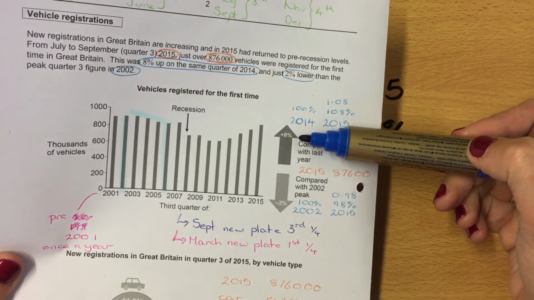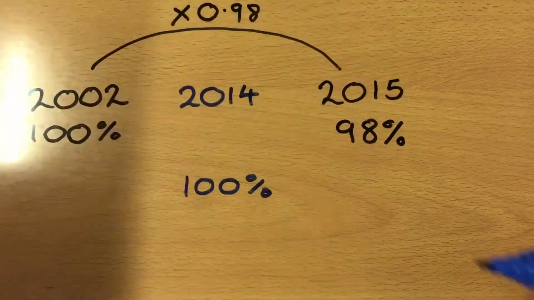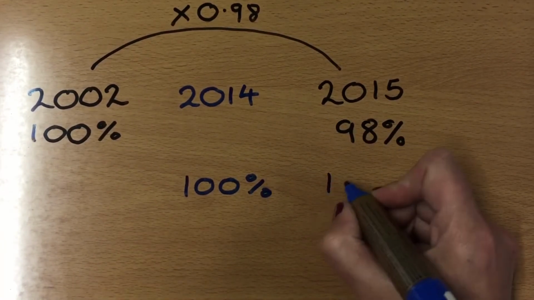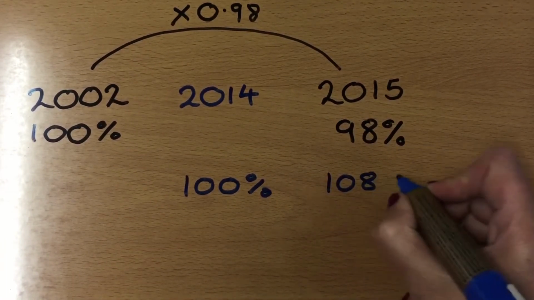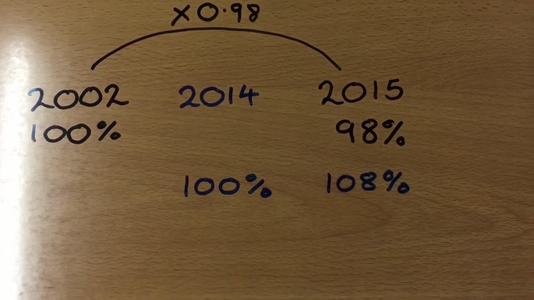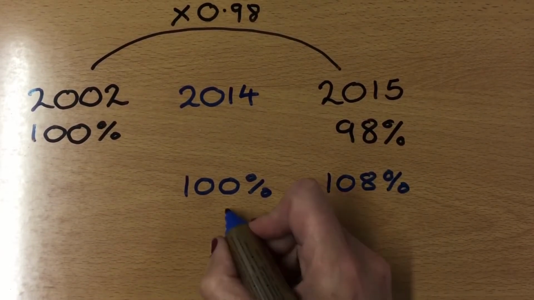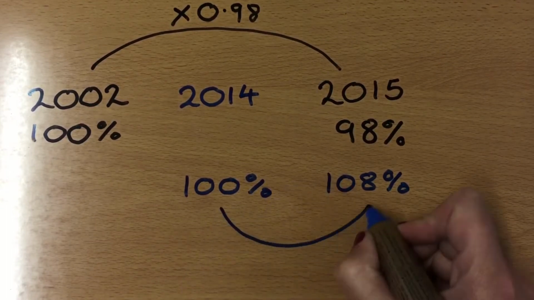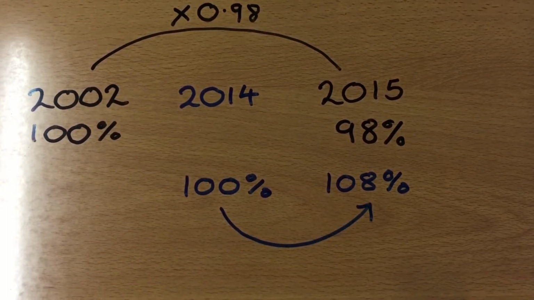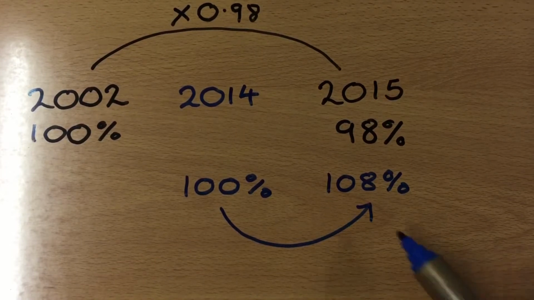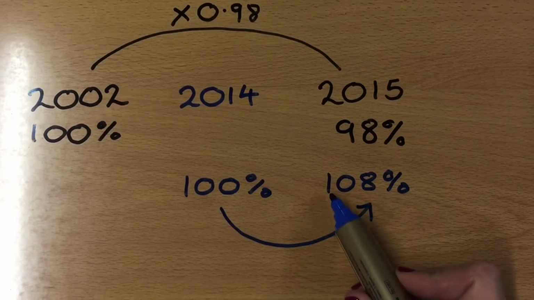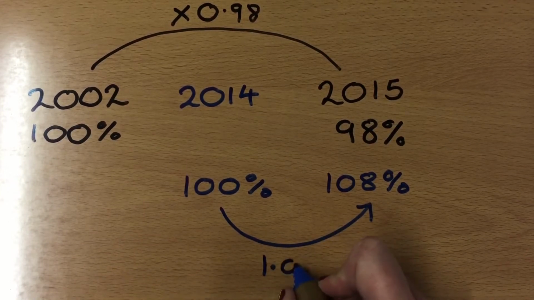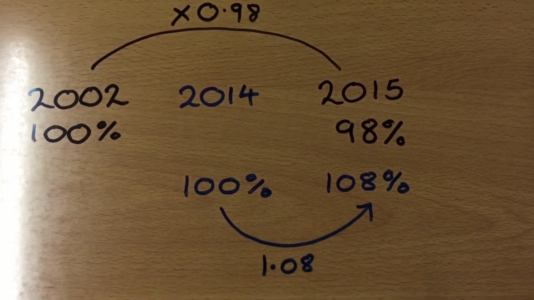So we have an increase of 8%. So we'd go up from 100% to 108%. So to get from 2014 to 2015, we've got 108, so we have a multiplier of 1.08.